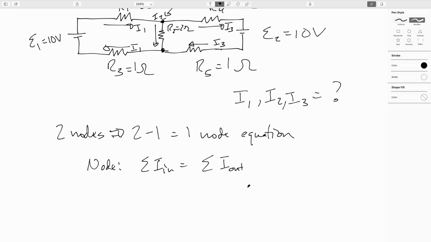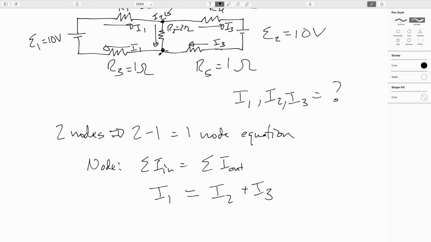So what we have going in. Remember, it's not what's actually physically happening, it's what we've assigned mathematically. And if we get it wrong, negative signs will happen to fix everything at the end. The way it's assigned, I1 is the only thing flowing in, and I2 and I3 are both flowing out of the node: I1 equals I2 plus I3.